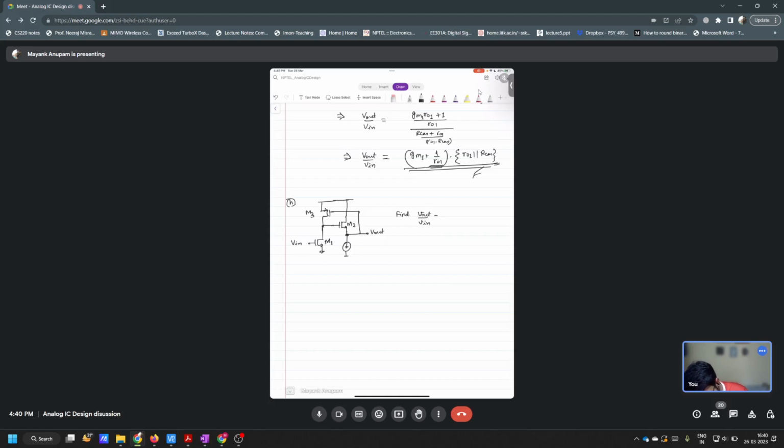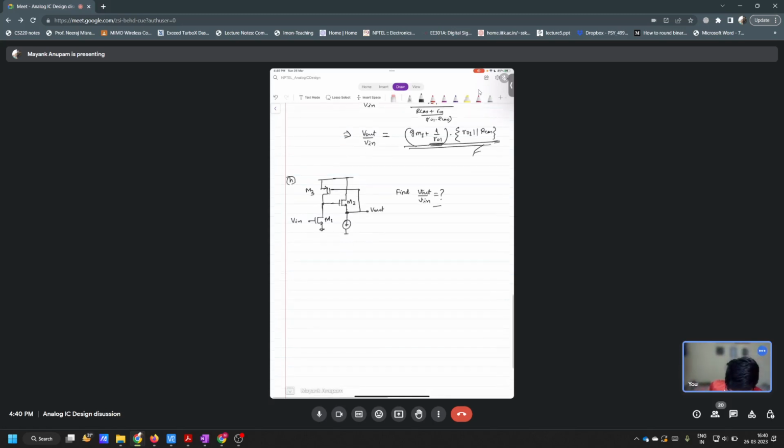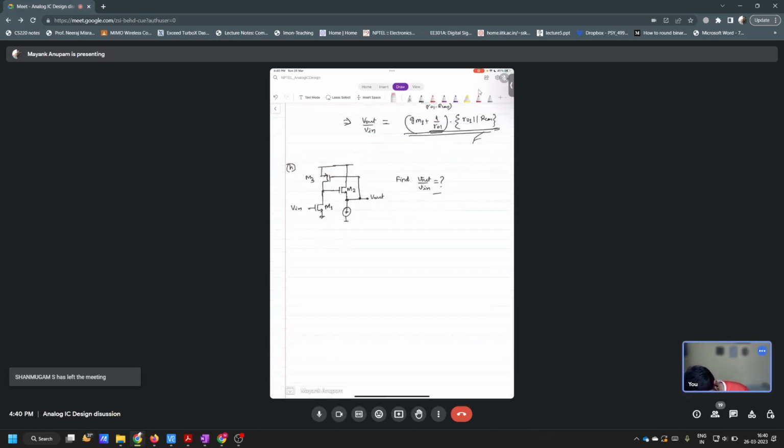Yeah, so tell me. For the first step, Vout will be shorted. So first step, find the short circuit current at the output.